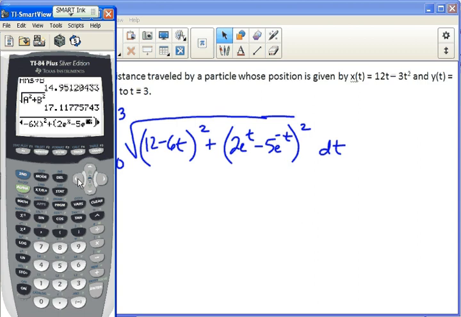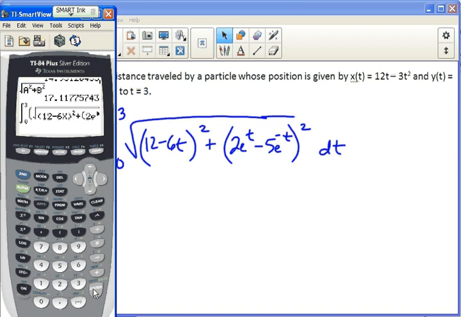Here we go. And we'll square that whole thing. Do it with respect to x. And we find the total distance traveled to be 43.503.